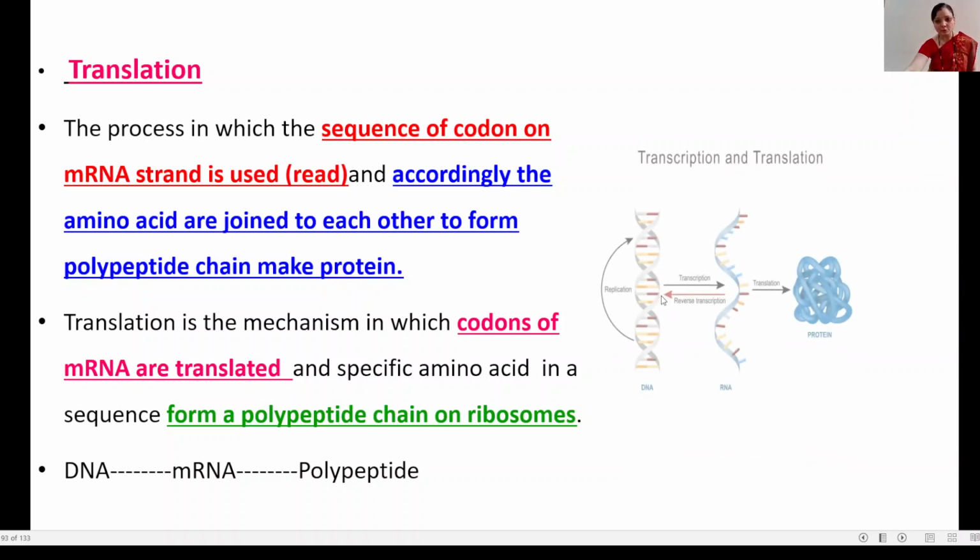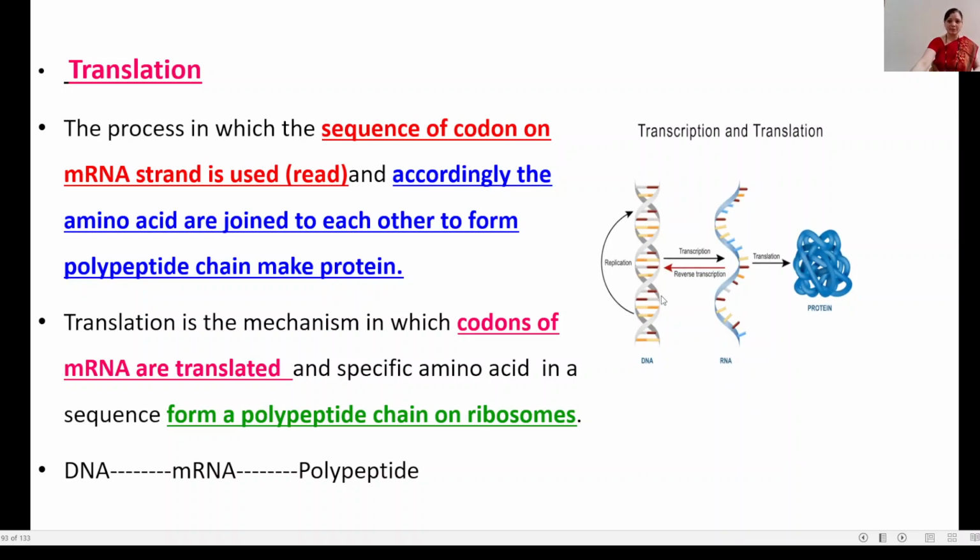So here watch the diagrammatic representation of two processes, that is transcription and translation. Formation of the mRNA from DNA is known as transcription, while synthesis of the protein from RNA is known as translation.